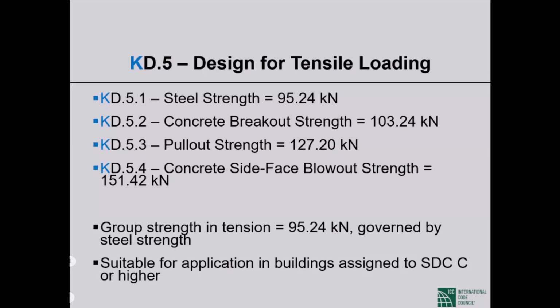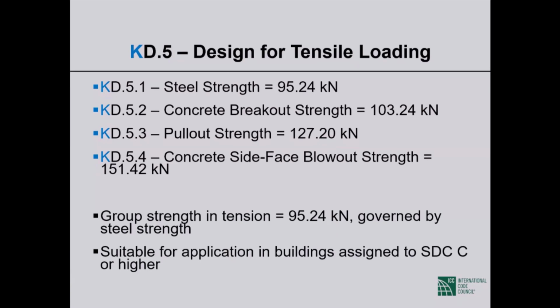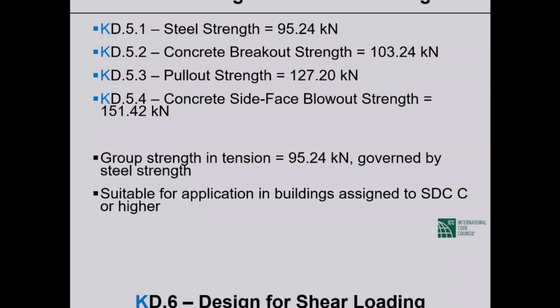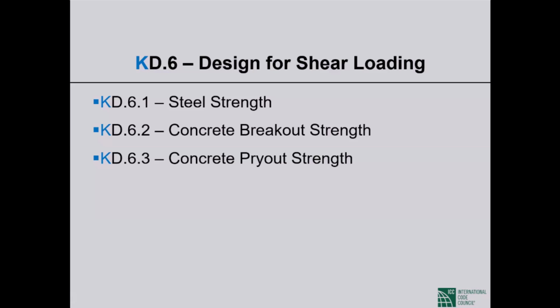Okay, with that, I will go to the shear part of the presentation. In tension, we had 4 failure modes. Now we have 3 failure modes. The anchor itself failing in shear, concrete breakout strength similar to breakout in tension, and then concrete pryout strength.